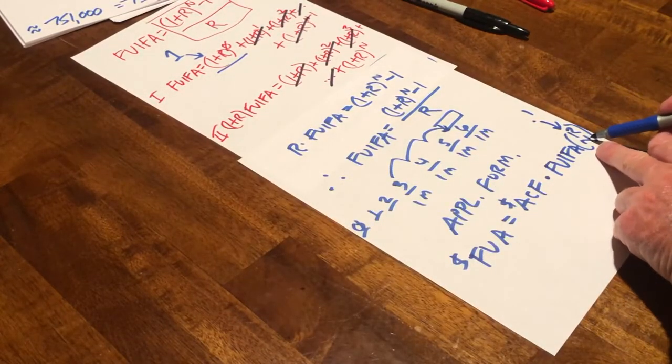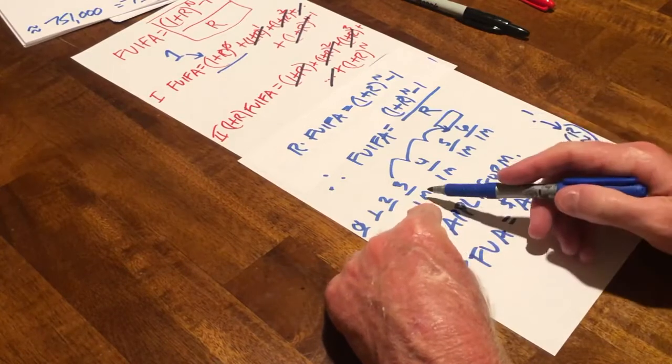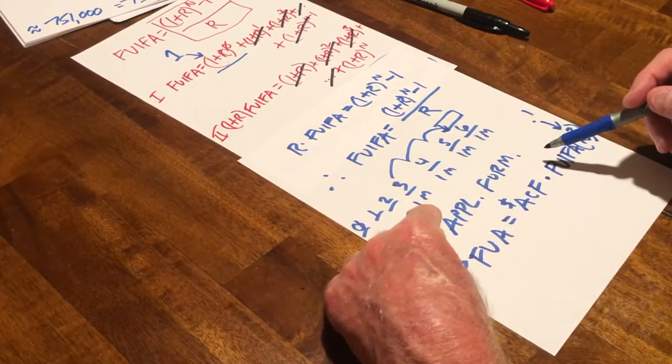And the value of N here will be 4 because there are 4 cash flows in the annuity.